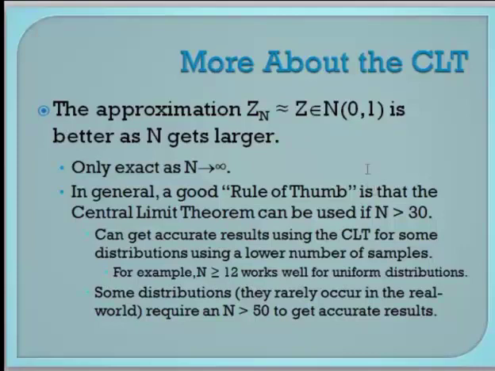In general, a good rule of thumb is that the central limit theorem can be used if we've got more than 30 samples. We can get accurate results for some distributions with a lower number. For example, n equal to 12 will work well for uniform distributions. There are a few distributions that require an n greater than 50 to get accurate results.